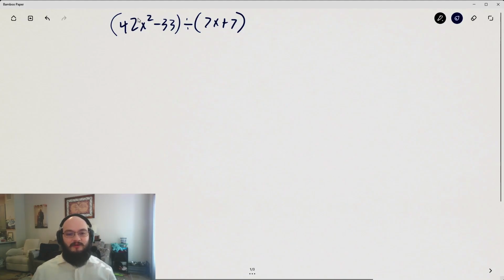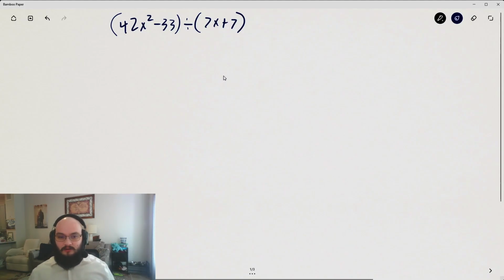In this binomial here, we have an x squared term and we have a constant term, but we are missing the x term. Whenever you do your long division, you need to have every term explicitly written out. So we're going to add in a 0x. Because we have no x's here, we need to represent that by having a 0x.